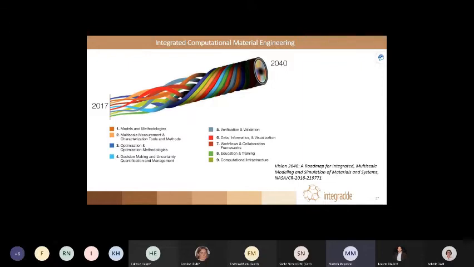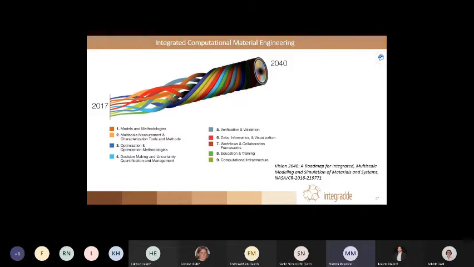What is the uncertainty of a certain information? Statistical analysis. We need to verify and validate all this data. Informatics, we need a digital platform to do all of this work. We need to educate new engineers to use this vast amount of information and generally manage the computational infrastructure. In this study, the vision is to be achieved sometime in 2040.